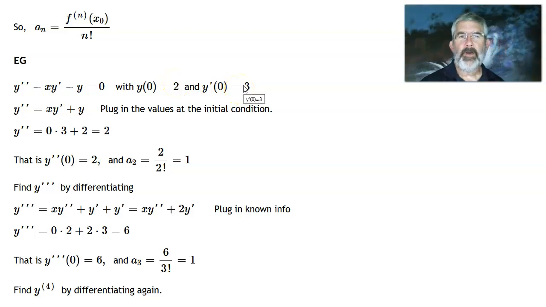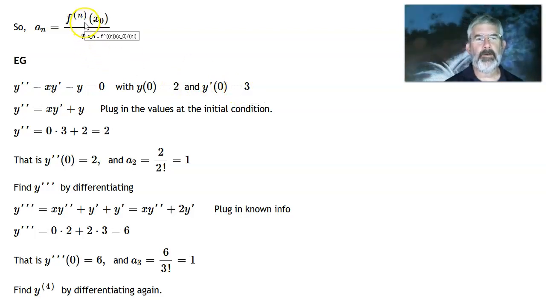Now to find a2, I need to know the second derivative. But I've got an equation that tells me the second derivative. Take this differential equation, move everything over to one side except for the second derivative, and you can just say, at x equals 0, I know the derivative, I know the function value, so I can plug those values in. So 0 is the x value, 3 is the derivative, 2 is the function value, and that calculates to be 2.